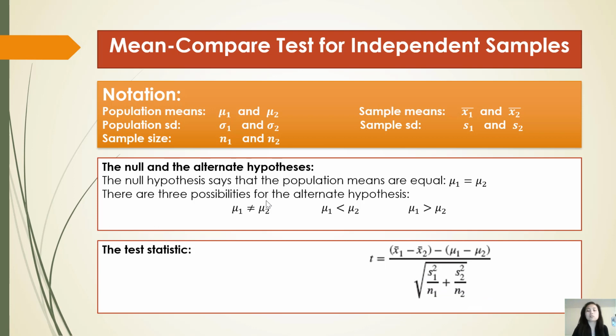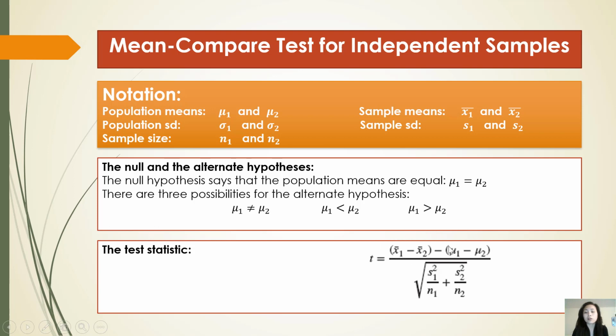The test statistic is basically the point estimate over the standard error. The point estimate measures the difference between the difference in the sample means and the difference in the population means. So it is x1 bar subtract x2 bar subtract the difference between mu1 and mu2.